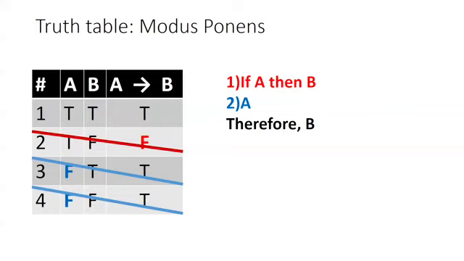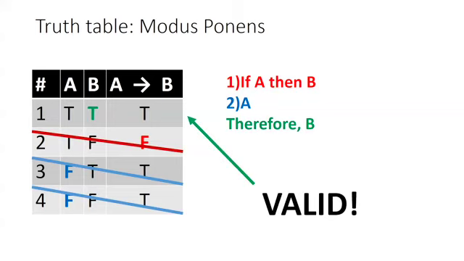If our two premises are true, then scenario number 1 is the only possible scenario that can actually be a fact. And if we look at that scenario number 1, the only possible scenario given our premises, we find that B is true in that case, right?